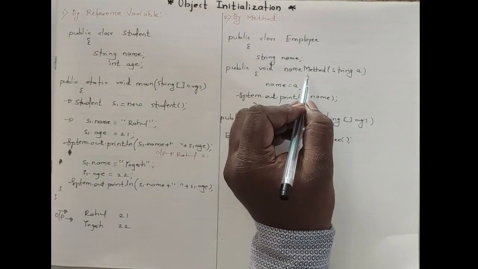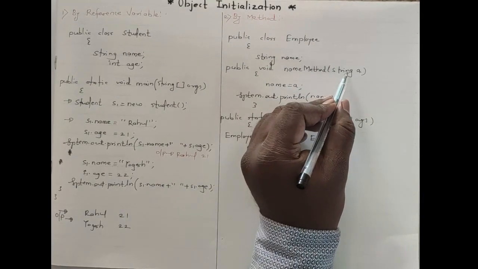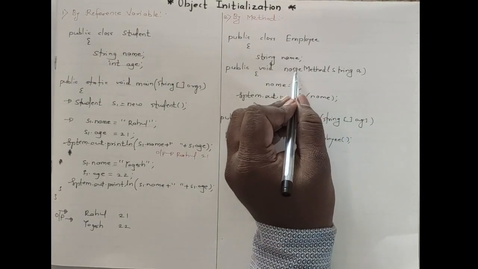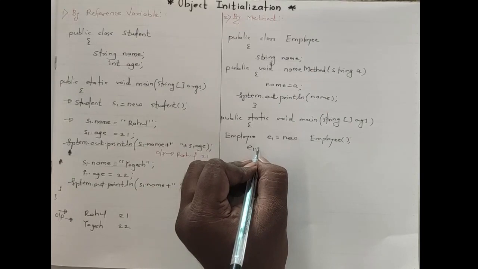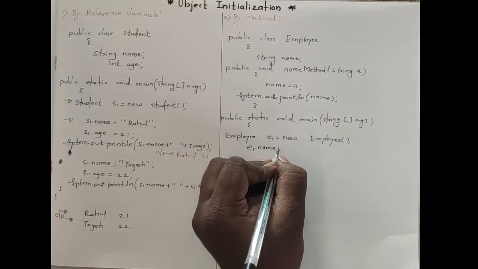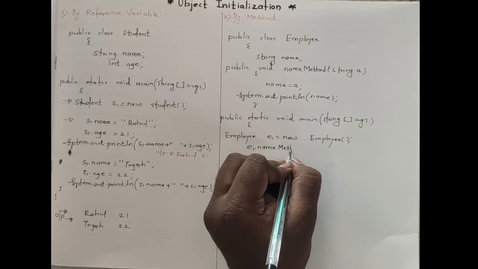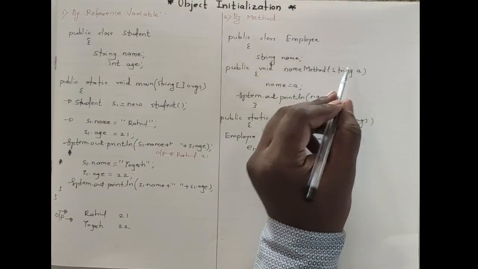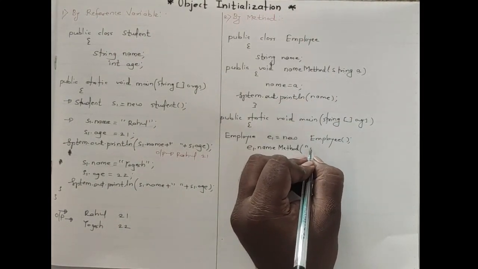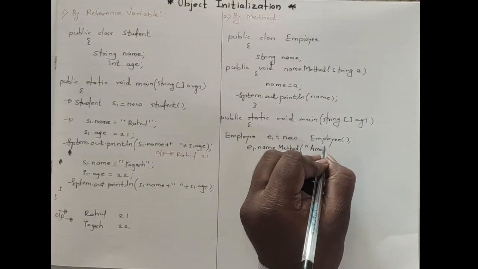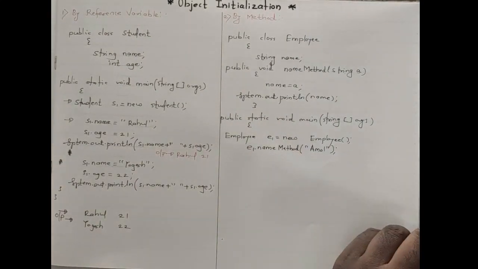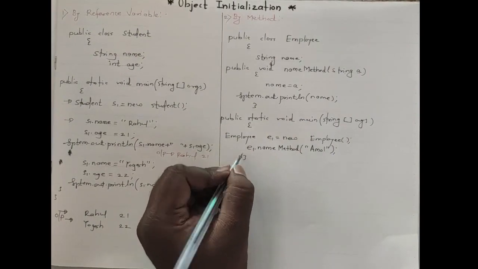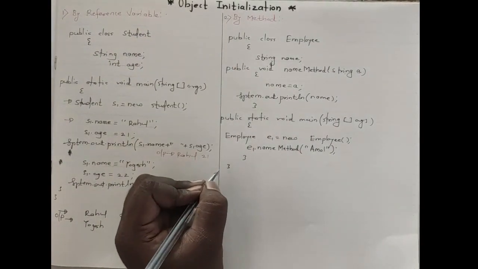By using a method we pass that value, E1.name method. Inside that we need to pass the value. What is that value? String, suppose Amol is that value, then semicolon, and closing that method, again closing that class.